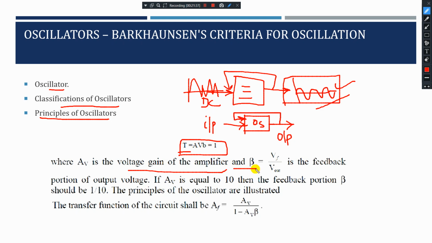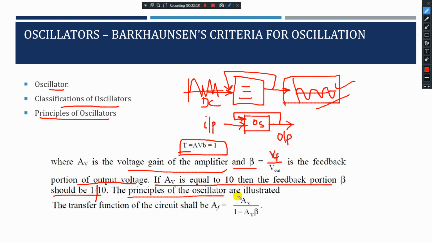And what is beta? Beta is VF divided by V out, the feedback portion of the output voltage. See, if AV is equal to 10, then the feedback portion beta should be 1/10, 1 divided by 10.